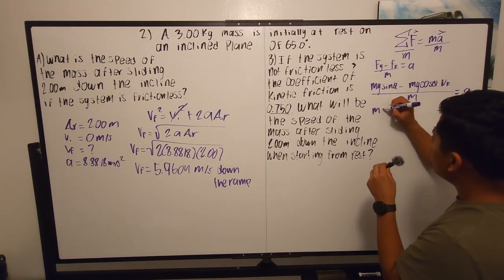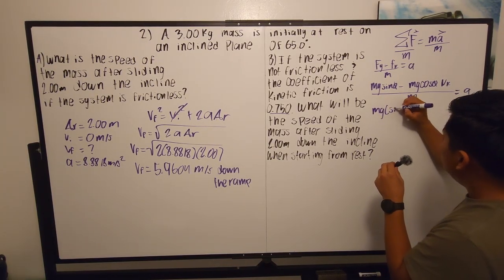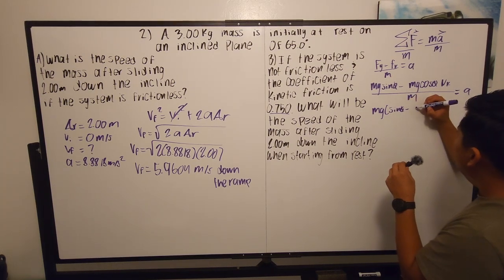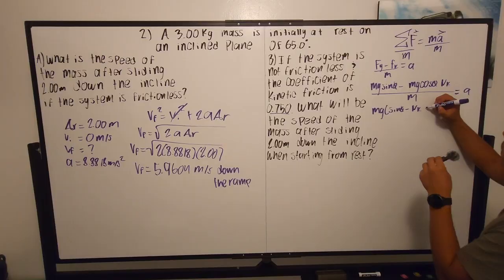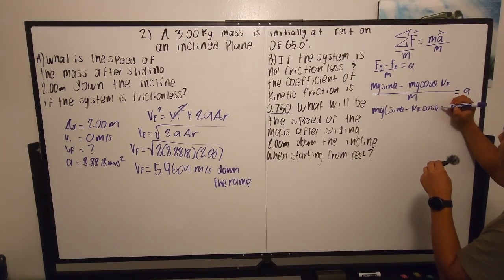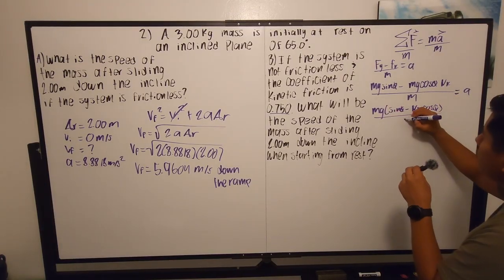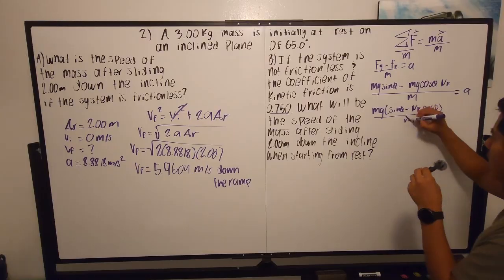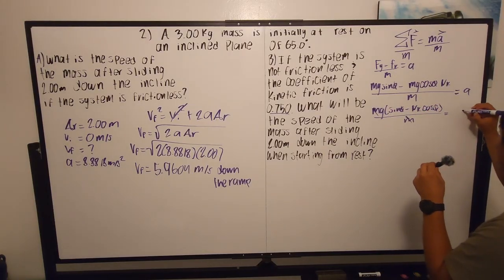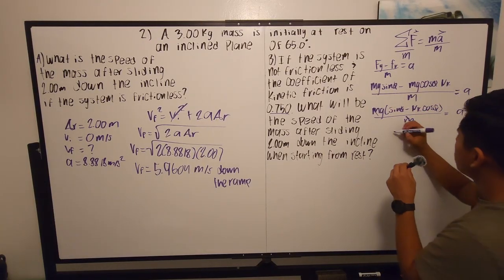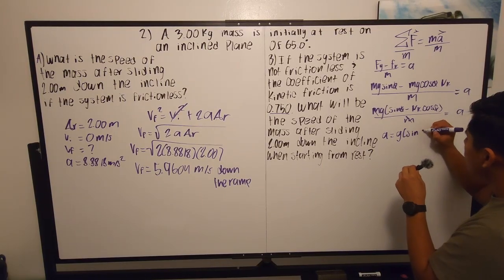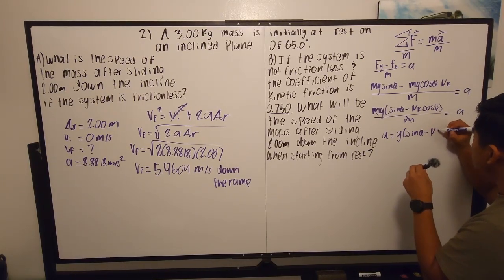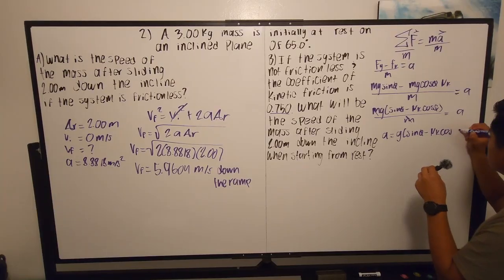So we have mg sine of theta minus mu k. I'm going to bring the mu k to the front. Cosine of theta all over the m. The m's here will cancel out. So then we are left with the acceleration is equal to g sine of theta minus mu k cosine of theta.